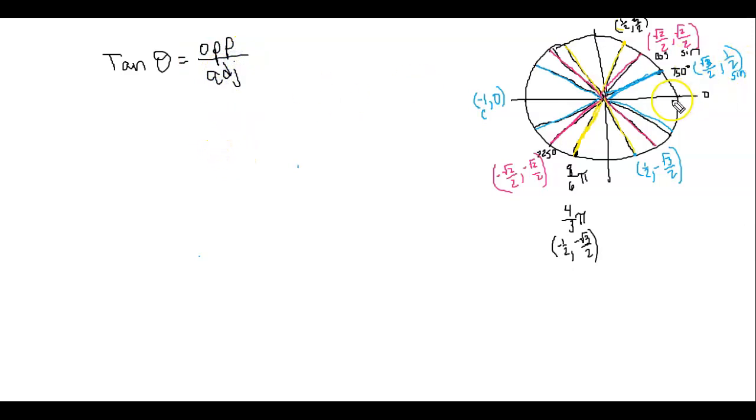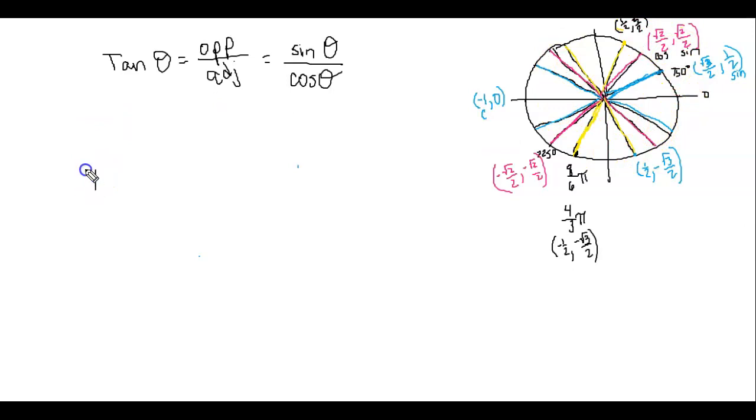And so the opposite side from the angle is always that y-coordinate, and the adjacent side is always the x-coordinate. And so that's why we can actually say, because we're using the unit circle and the radius is just 1, tangent is actually equal to the sine divided by the cosine, because we know that the x-coordinate is the cosine and the y-coordinate is the sine, so tangent is equal to sine divided by cosine. So we can still use the unit circle to help us find tangents.